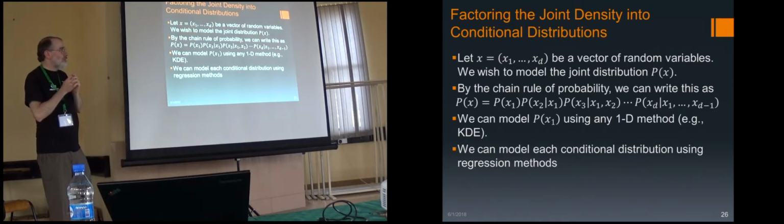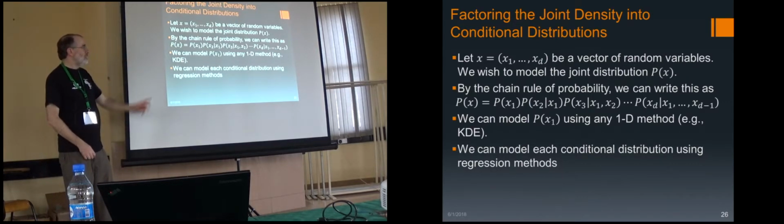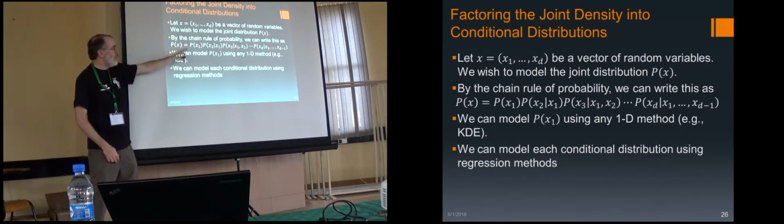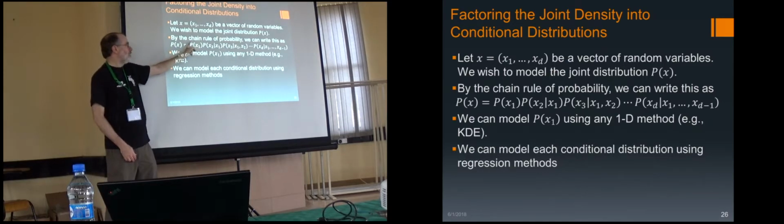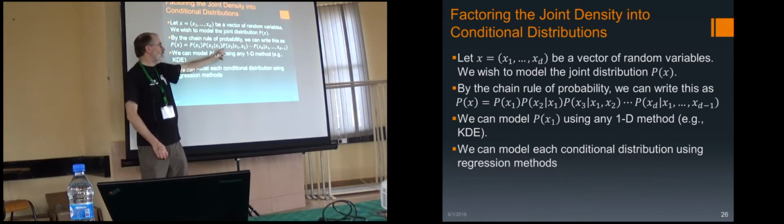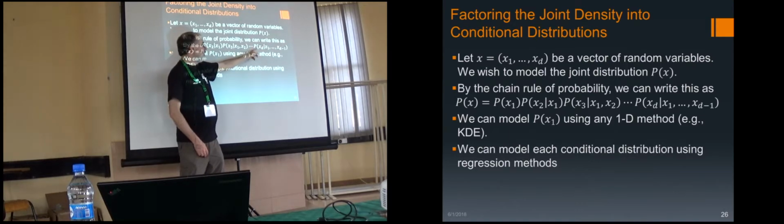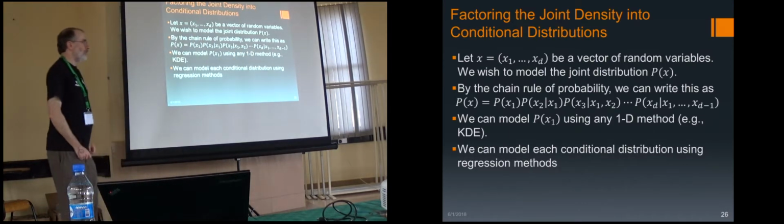Well, in probability, there's something called the chain rule of probability that says any joint distribution p of x we can factor into a product of conditional distributions. So we can have a distribution p of x1 times p of x2 given x1 times p of x3 given x1 and x2, dot dot dot, all the way up to p of the last xd given all of the others that we've generated before.